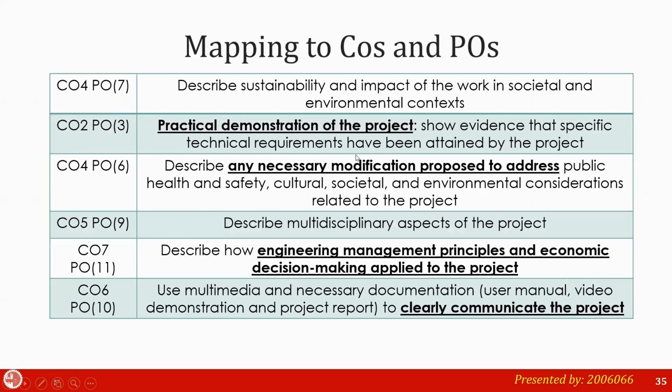Now let's break down what each of these mappings really means. CO4 to PO7 focuses on the sustainability and social impact of our work, ensuring that our project doesn't just solve a technical problem but also contributes positively to the environment and society.